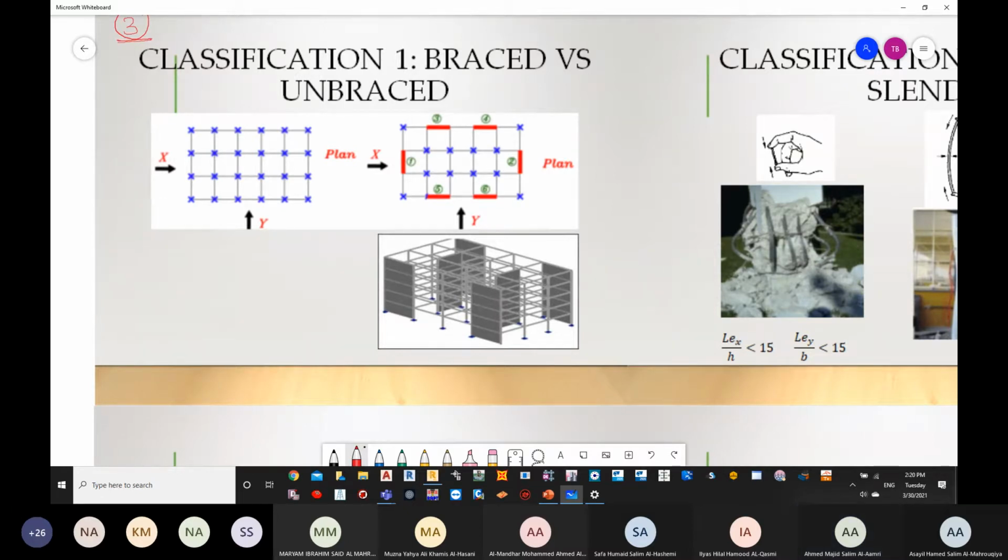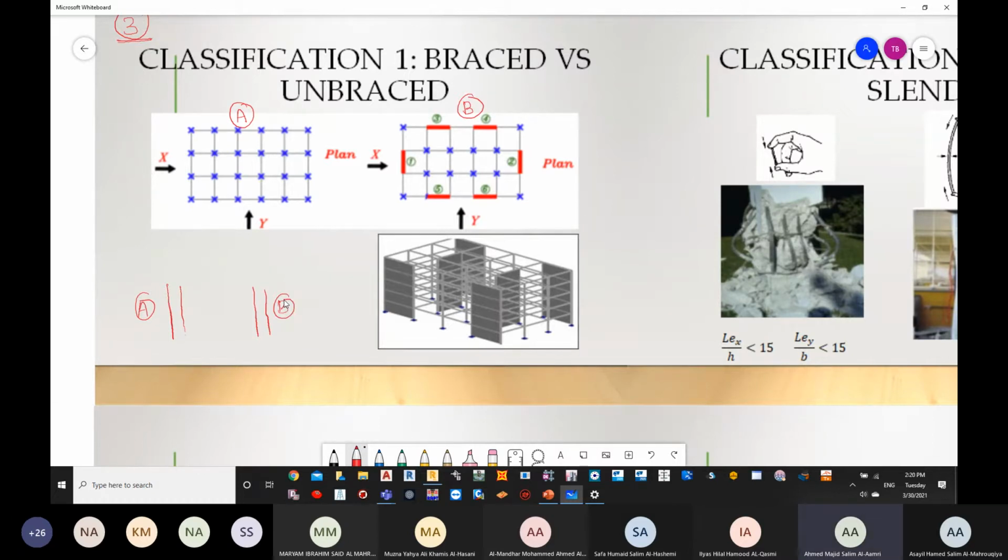Now, we have two scenarios, scenario A and scenario B. Let us say we have this particular column and this particular column. This is representing scenario A. This is representing scenario B.